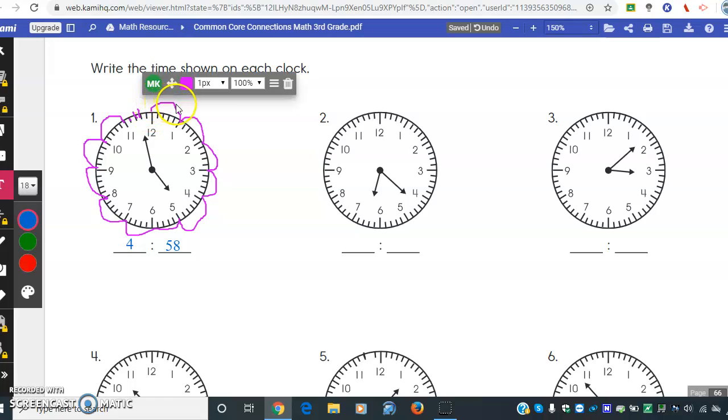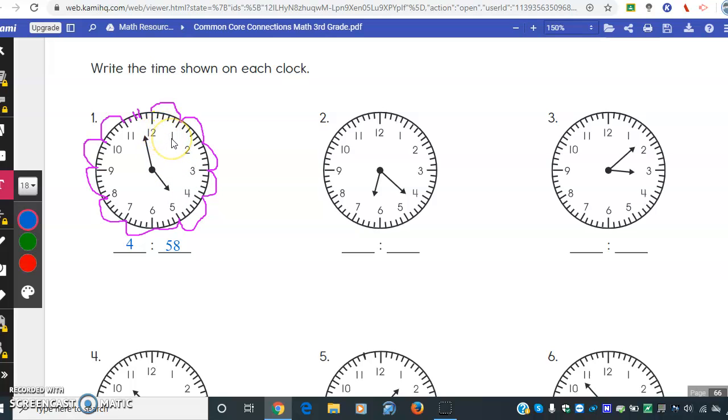You don't start counting 5s until you jump here, right? Because each of these little guys is a tick mark. That's 1, 2, 3, 4, 5. So this is your 5th tick mark. 6, 7, 8, 9. Here's number 10. Here's 15. Here's 20. And to check your answer, you can just multiply times 5.